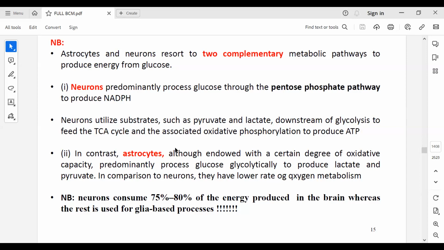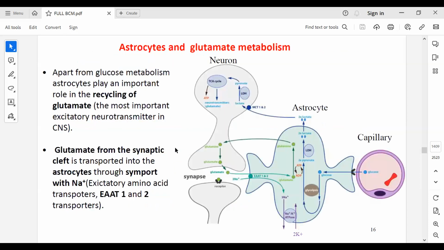But astrocytes will carry out more glycolysis and produce more lactate and pyruvate. Neurons will consume about 75 to 80% of the energy produced in the brain, whereas the rest is used by the glial-based processes. Since neurons do most of the function of the brain, they will take up more of the energy.